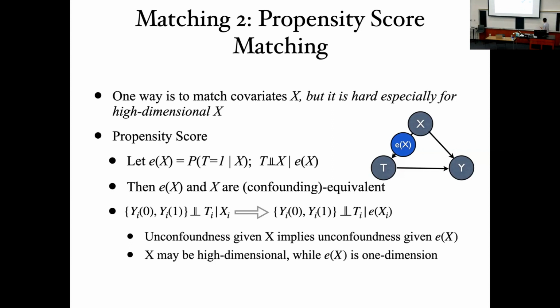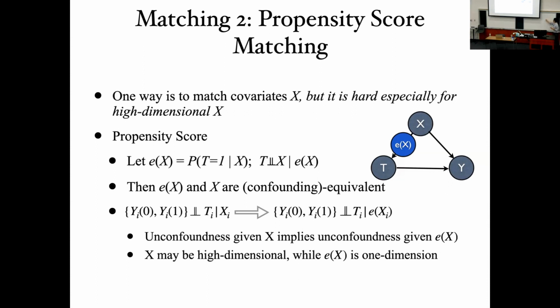Generally speaking, in regression, T is a function of X plus noise. This is the regression model, right? Of course, here we assume noise is additive. This is a very strong assumption, but in general, you can make it more flexible.